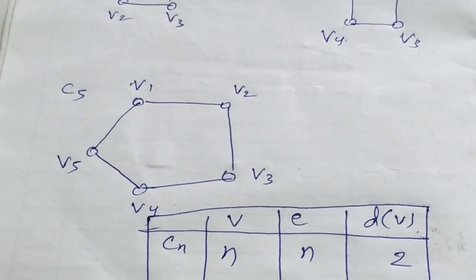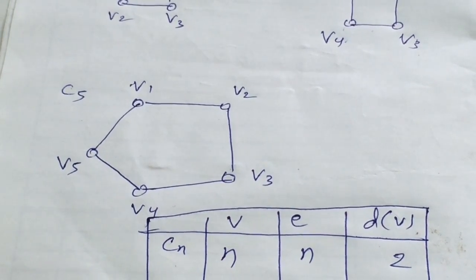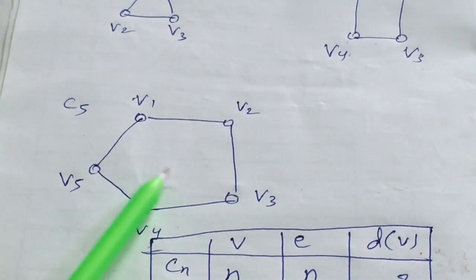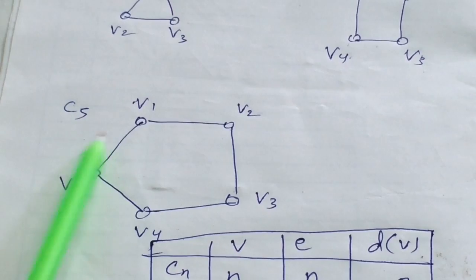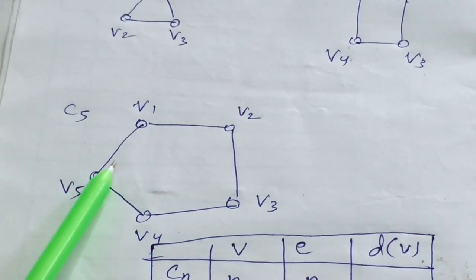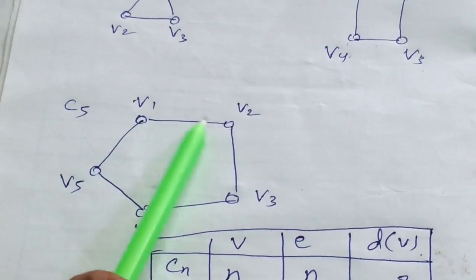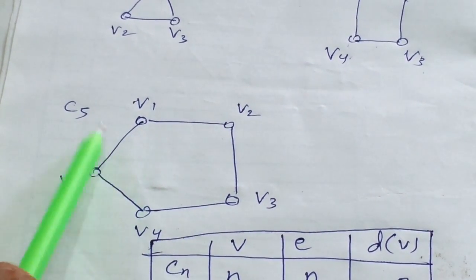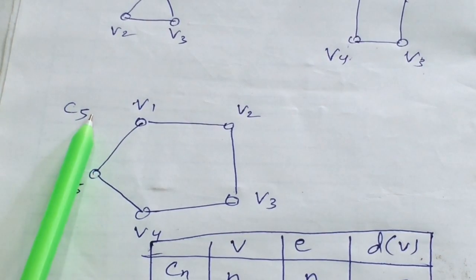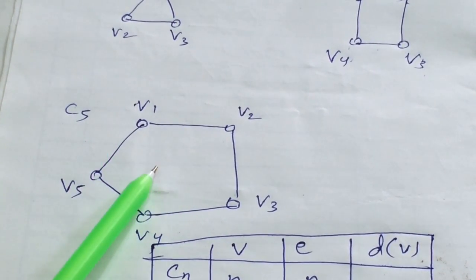One thing you must remember in a cycle graph is that if you remove any one edge from the cycle graph, then it will no longer be a cycle graph, it will become a tree.